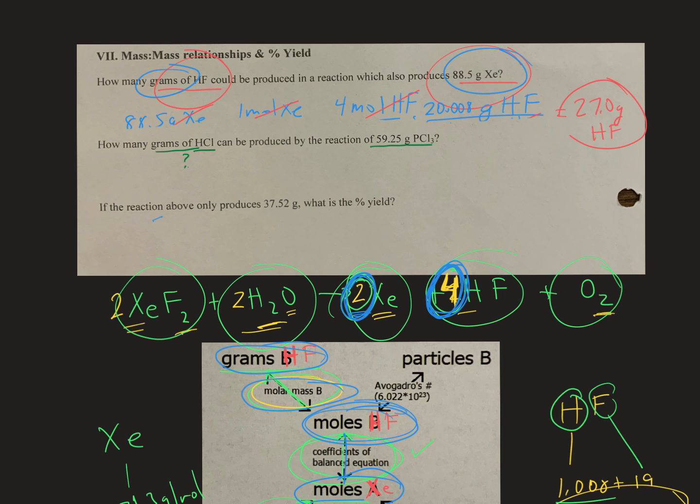And on the exam, I will give you the equation, unless it's one about predicting products from chapter 5, using double replacement reactions. I might ask you to do that, but in stoichiometry problems, I'm going to say, okay, here's the equation. Now figure this out.